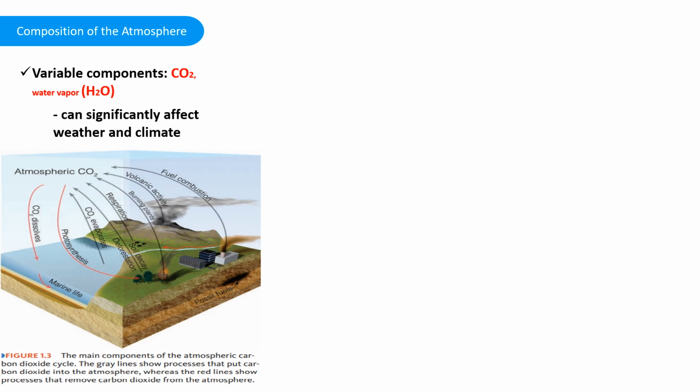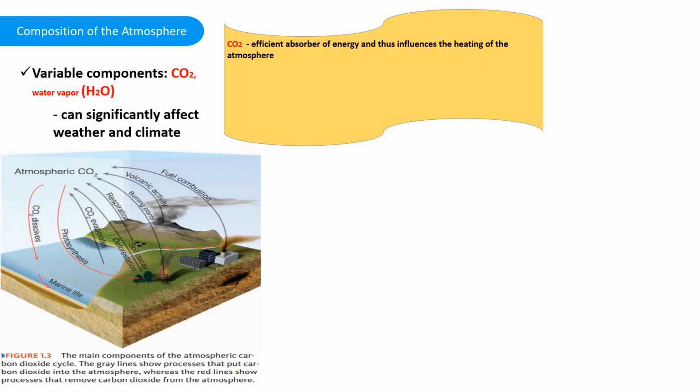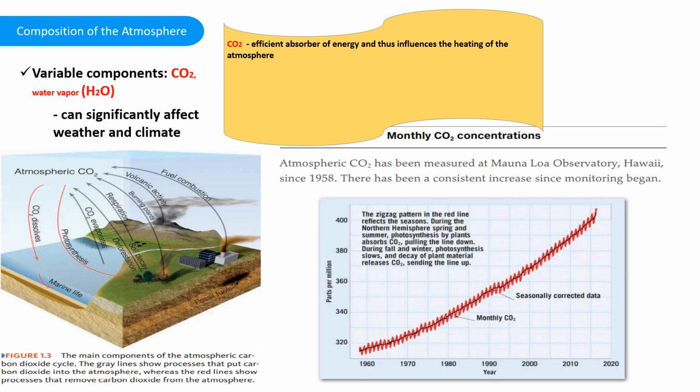So this carbon dioxide is an efficient absorber of energy and thus influences the heating of the atmosphere. Carbon dioxide traps a portion of the Earth's outgoing energy. Consequently, with everything else being equal, as the atmospheric concentration of carbon dioxide increases, so should the average global surface air temperature.